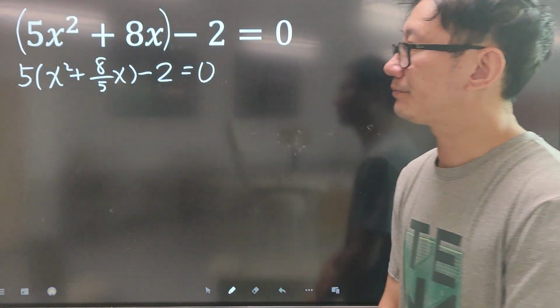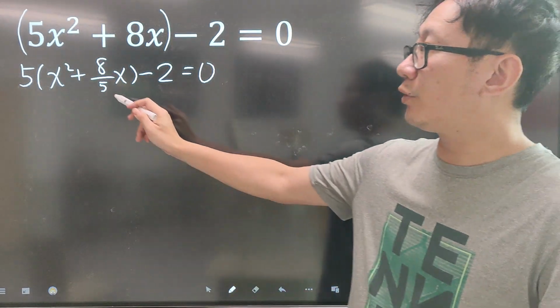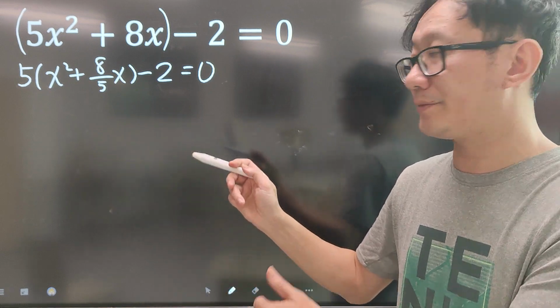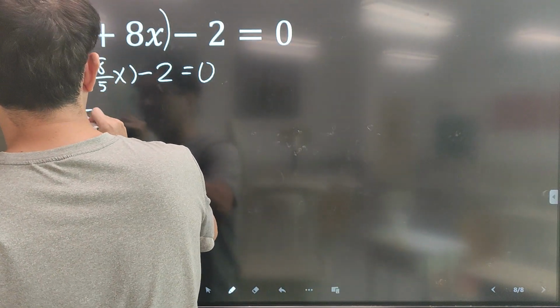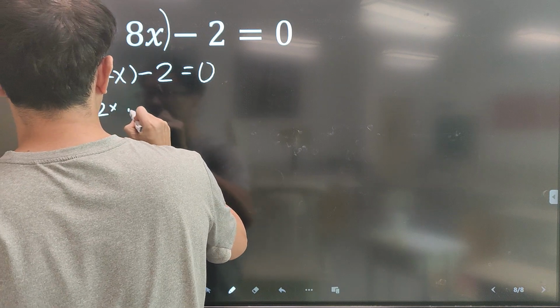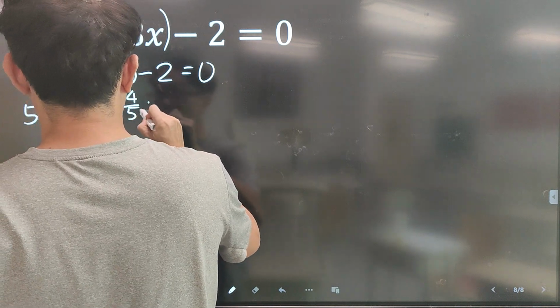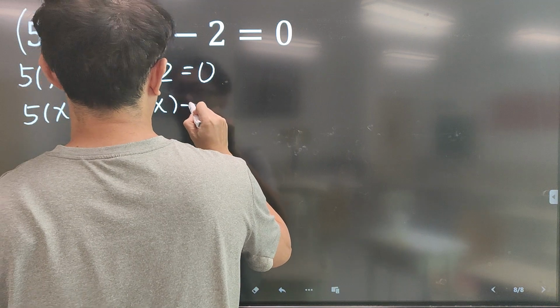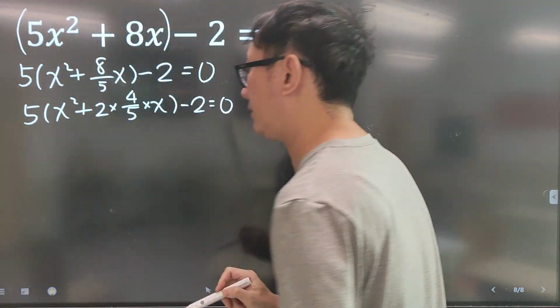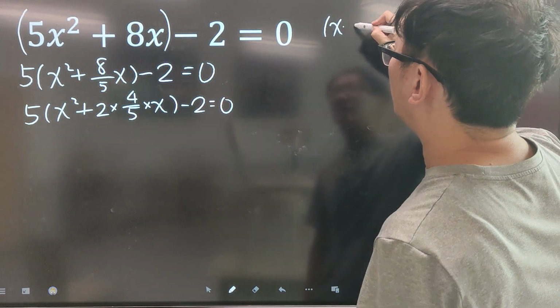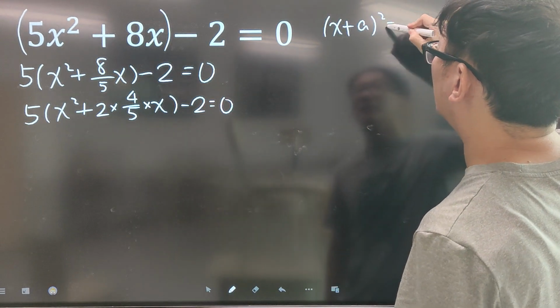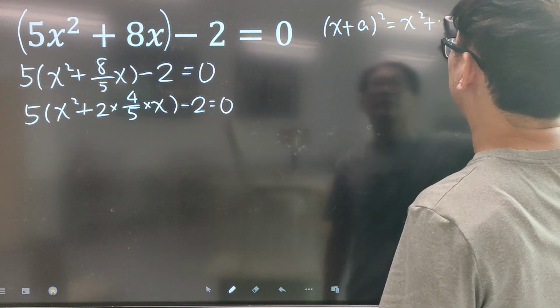equals 0. And now I'm going to rewrite this to be 2 times something. I'll go ahead and do that. So this is actually 2 times 4 over 5 times x. Okay, so let's quickly recall that our perfect square formula is this.